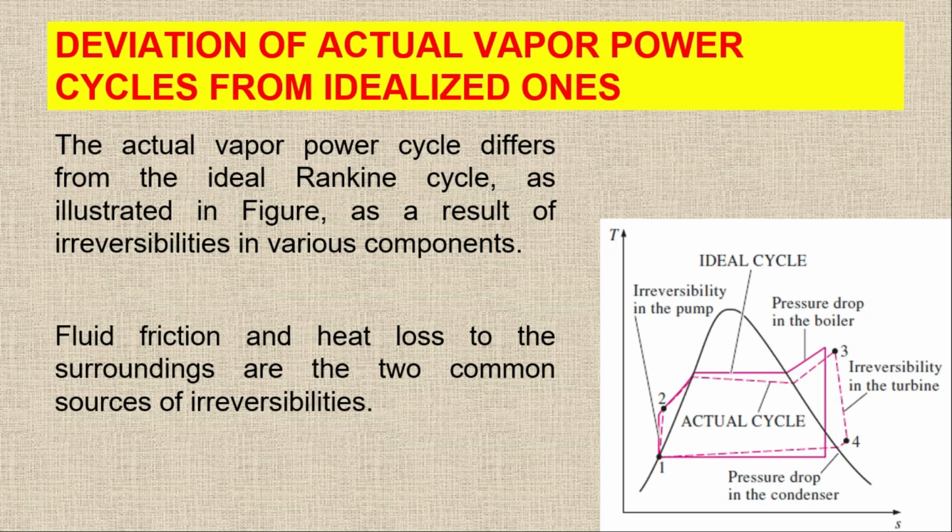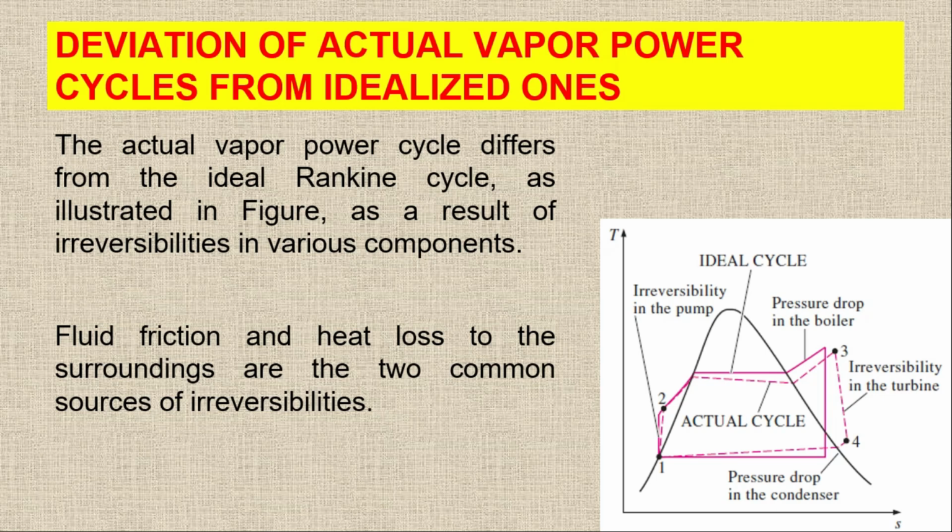When we have to pump the water to a sufficiently high pressure, this requires a larger pump and a larger work input to the pump. So basically you have to increase the work input.